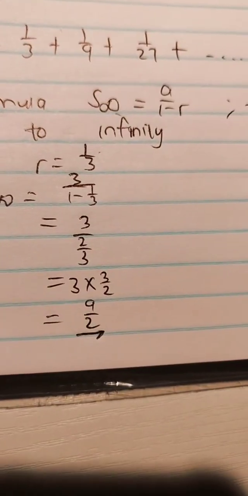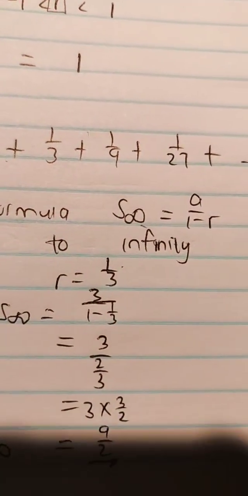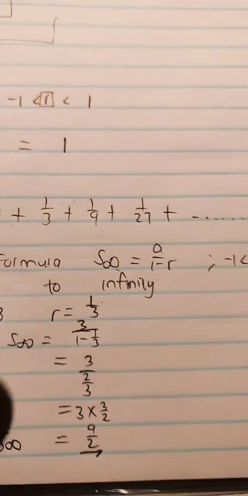I think that's very important to note. For a series to converge, the value of r must be between -1 and 1. I'm just going to conclude with these questions.